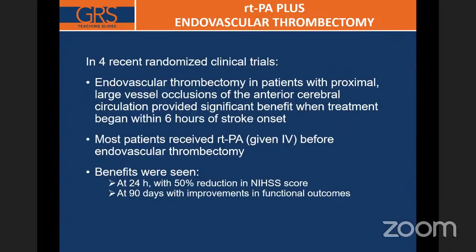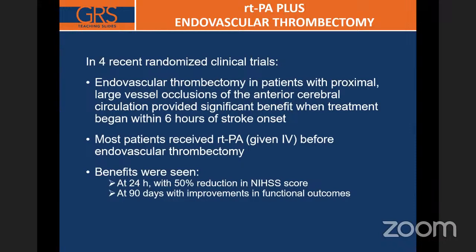There are other evidence-based interventions for those who have acute ischemic stroke, which is a combination of recombinant tissue plasminogen activator, alteplase, and endovascular thrombectomy. In 4 recent randomized clinical trials, endovascular thrombectomy in patients with proximal large vessel occlusions of the anterior cerebral circulation provided significant benefit when treatment began within 6 hours of stroke onset.